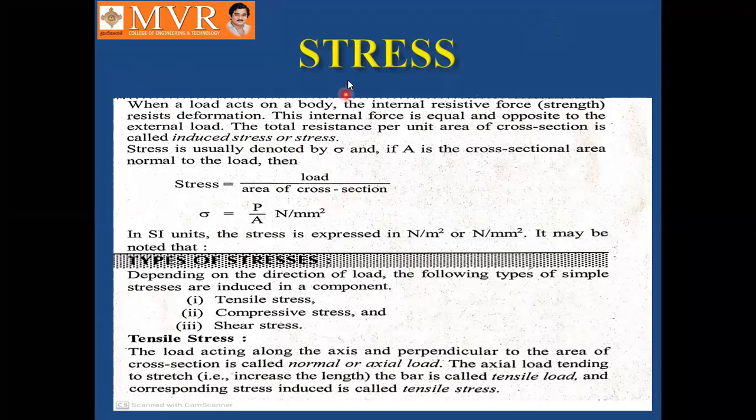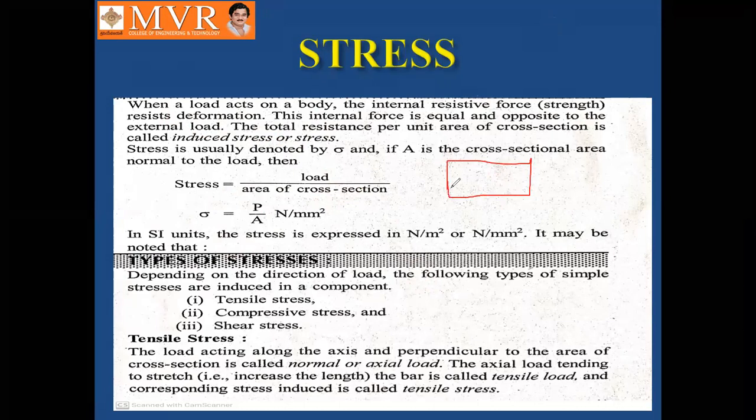Suppose I consider a bar, and whenever I apply some load P at one end, then at a particular section, in order to balance these external forces, some internal force is developed within the body.